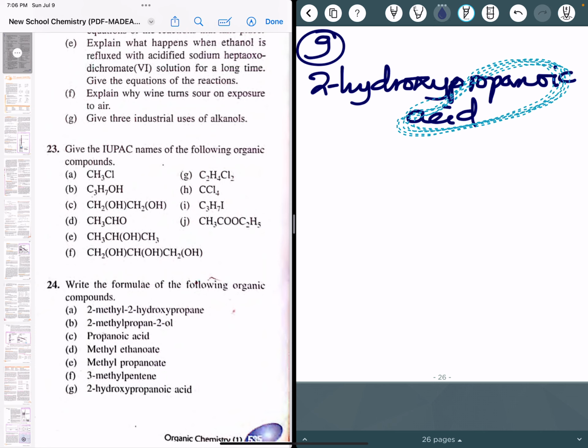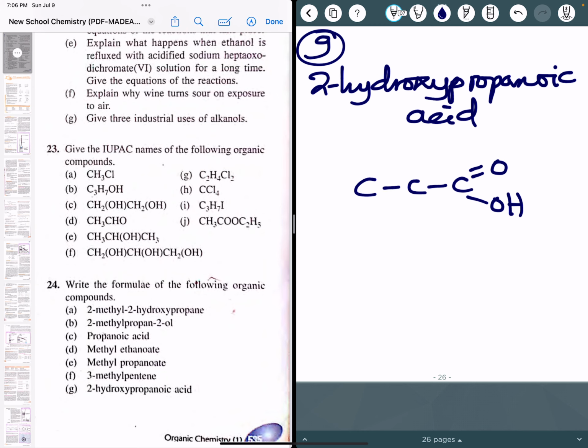This is the compound we are looking at majorly. So all of the rest, 2-hydroxy, is just an attachment, so to speak. So let's draw propanoic acid, COOH, C. That makes it 3 carbon atoms to form propanoic acid. The rest will be hydrogen.